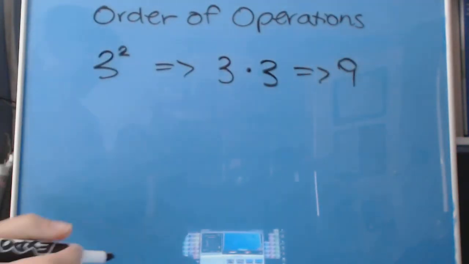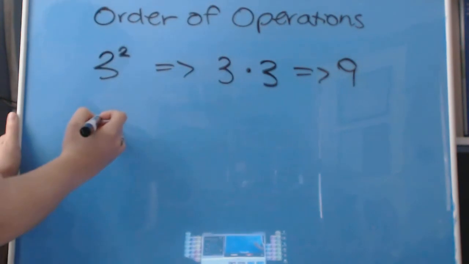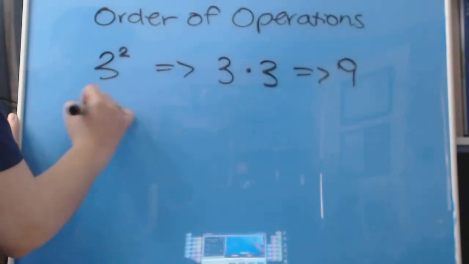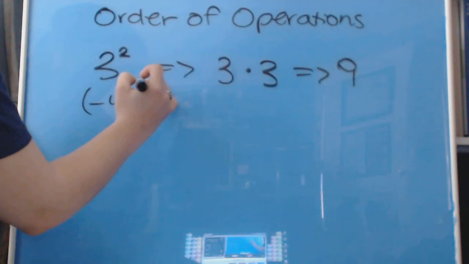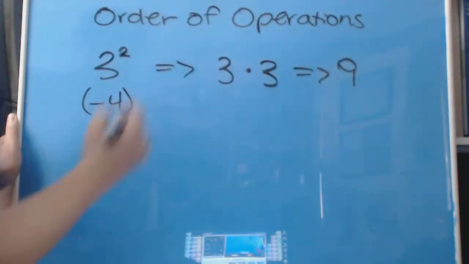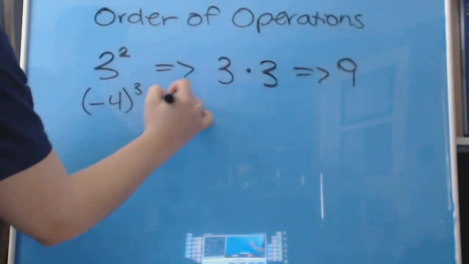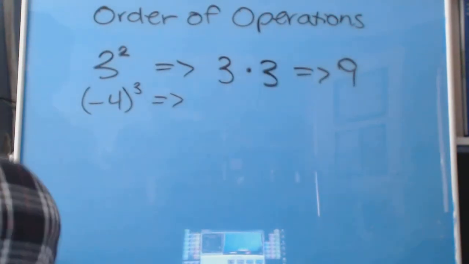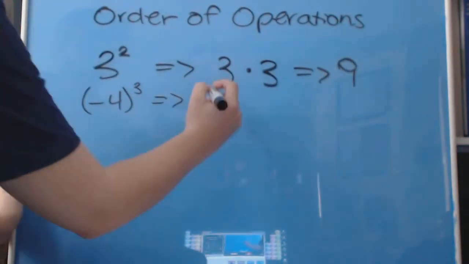Alright? Number 14 gets a little trickier. Number 14 has a parenthesis of -4, cubed. So if we were to translate that out, it would look like this.